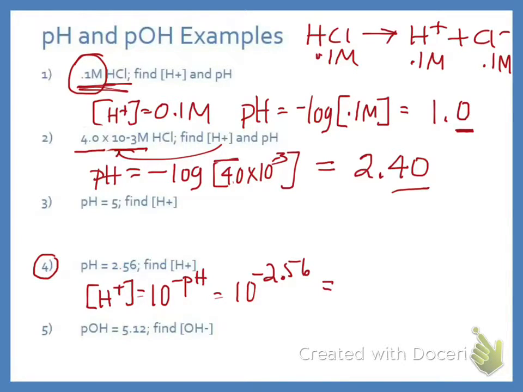Now, we have 2 significant figures in the pH. So when we report our concentration, we're going to report it in 2 significant figures. So do 10 raised to the negative 2.56 and tell me what you get. 0.00275.